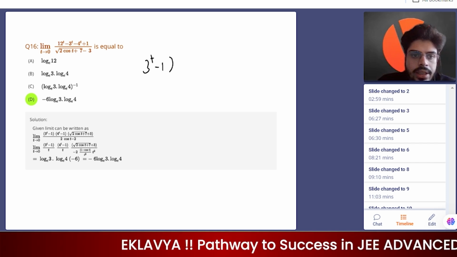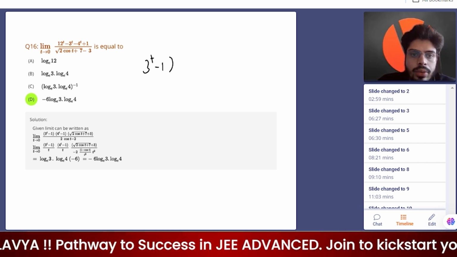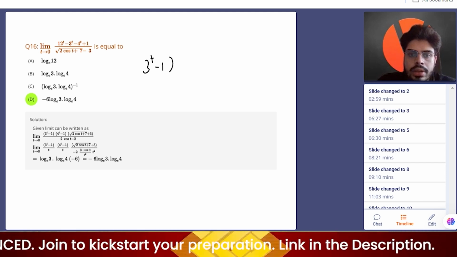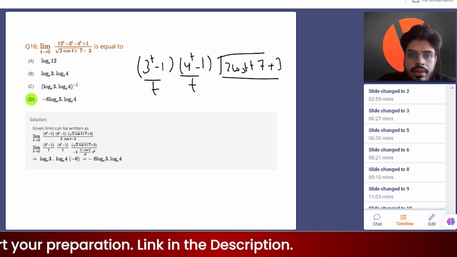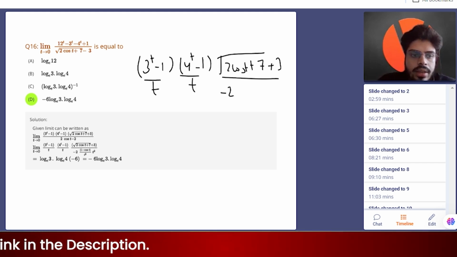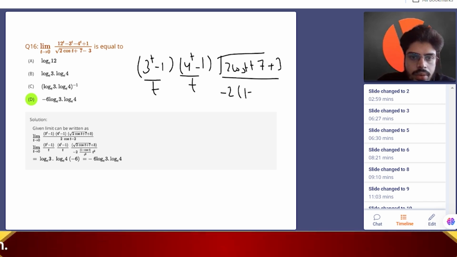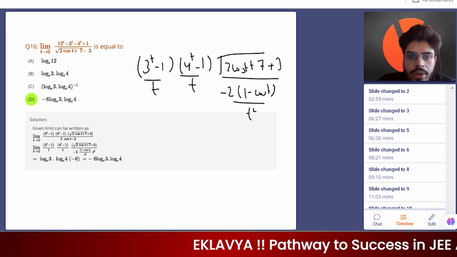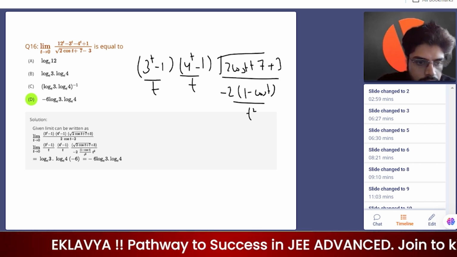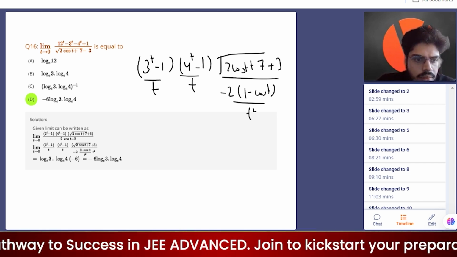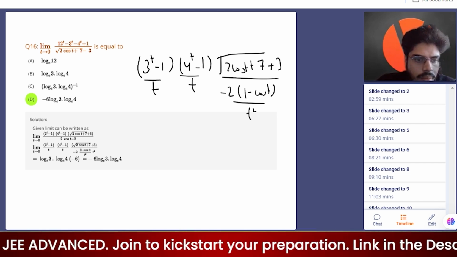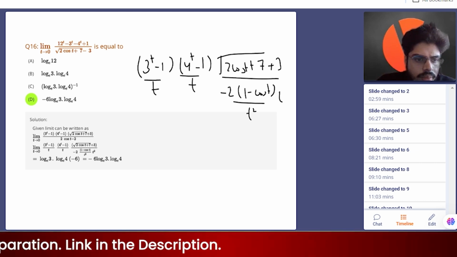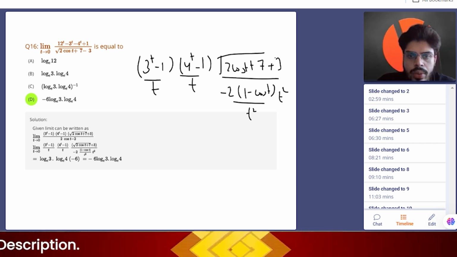So I'll get 4 power t minus 1 by t, 3 power t minus 1 by t, and root of 2 cos t plus 7 plus 3 divided by negative 2. And 1 minus cos t is there, and t square, because I have multiplied, so I have to divide also.